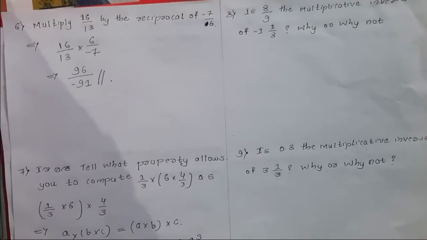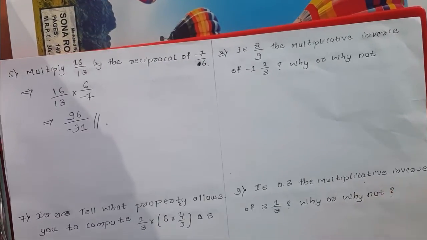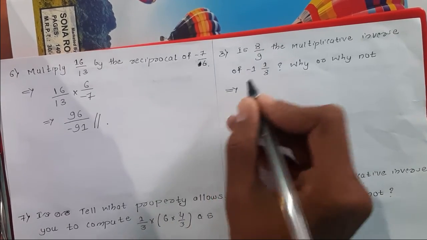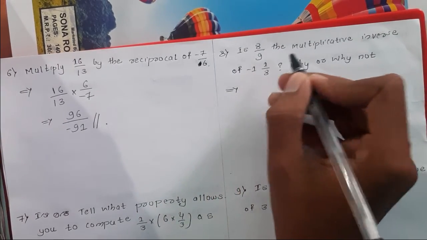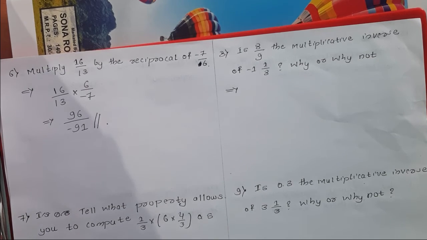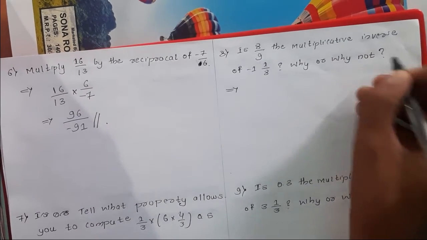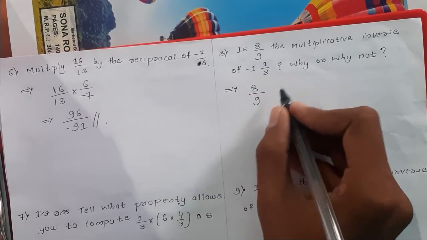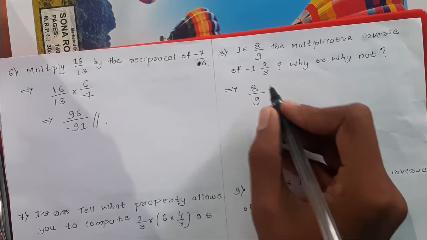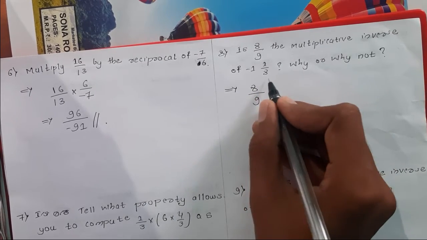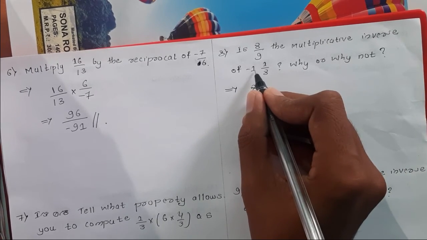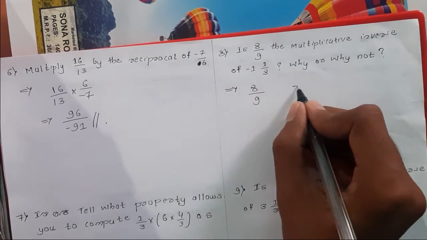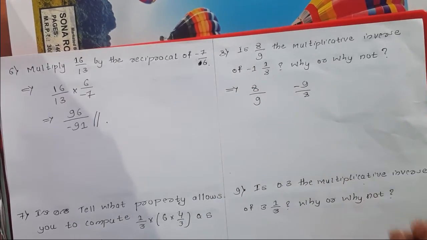Eighth question. Is 8 by 9 the multiplicative inverse of minus 1 by 8? Why or why not? They give 8 by 9. Convert the fractions, that is minus 8 plus 1, minus 9 by 8.